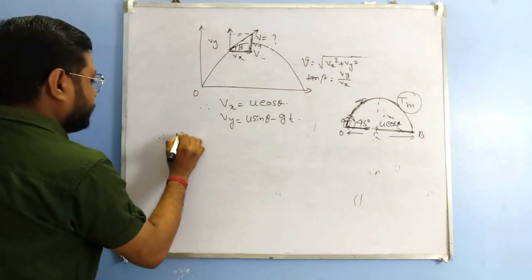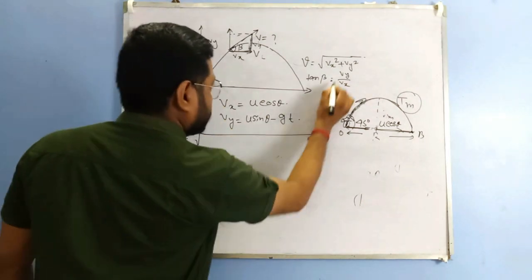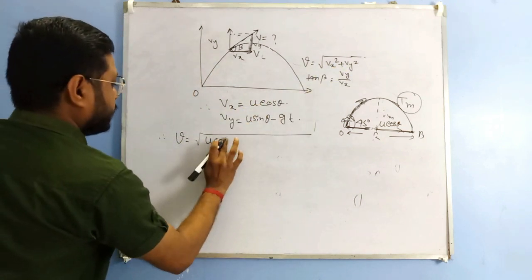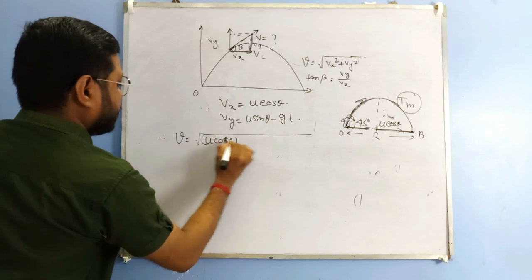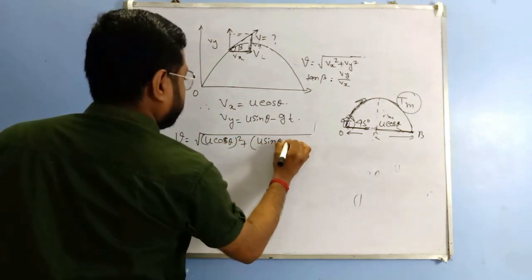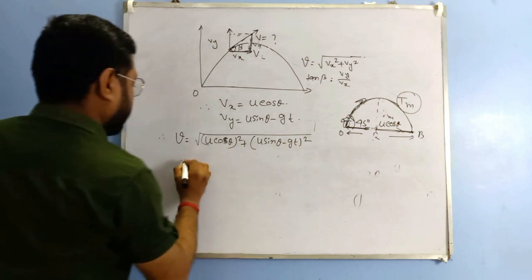Therefore, resultant velocity V becomes the square root of u cos theta square plus u sin theta minus gt square.